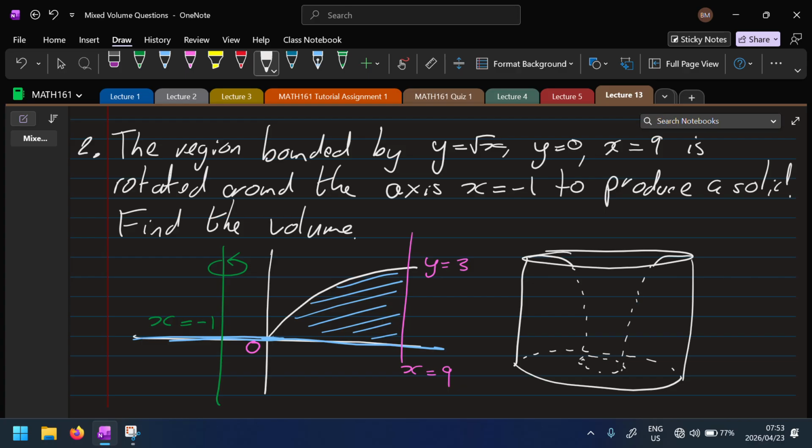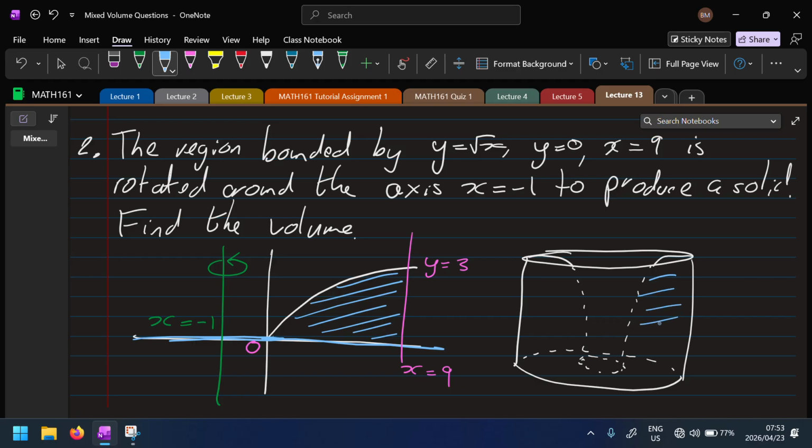Okay. And then because the axis is shifted, we're going to have a little hole over here from this gap. So this gap here between the axis and this root function over here, that's going to make this little hole over here. So this part over here on either side, that's going to be solid blue part. And then this part in the middle here, through the hole, that's going to be hollow.